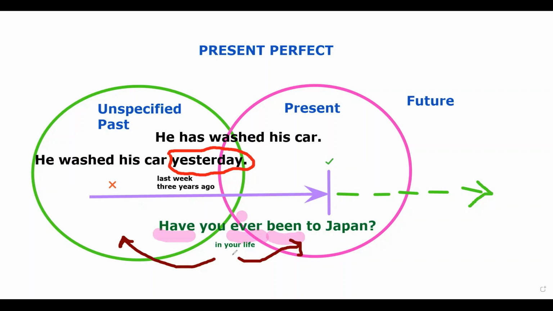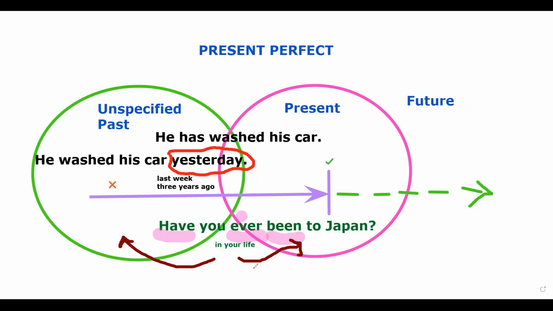So the question is quite generalized. Have you ever been to Japan? This is a perfect example of present perfect, just to show you that the perfect aspect of tense is unspecified. Just somewhere in your life, have you ever been to Japan?